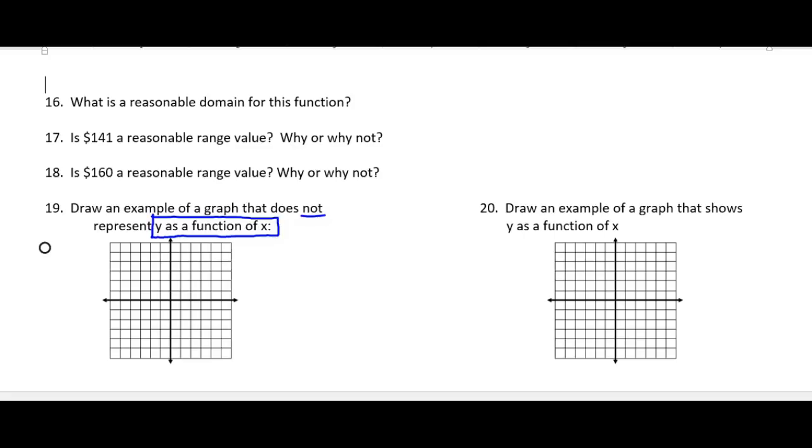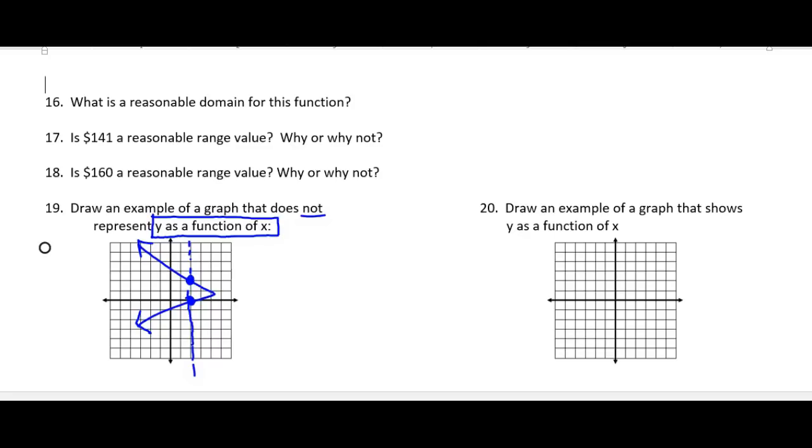So if I do a graph that is like that right there, then this fails the vertical line test. I can show a vertical line right here that has 2 corresponding y values, so it fails. This is not a function.